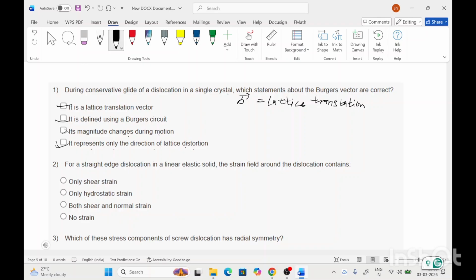So there are several planes, and the direction of lattice distortion will be this. So the Burgers vector also represents the lattice distortion direction. So the first, second, and fourth options are correct.